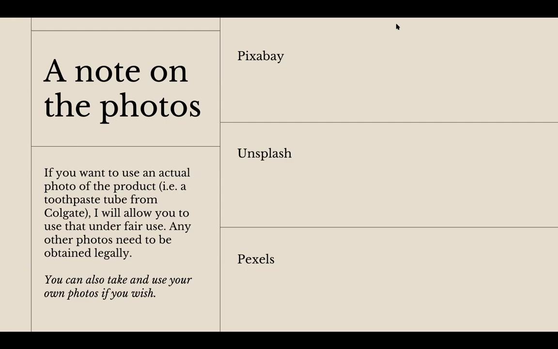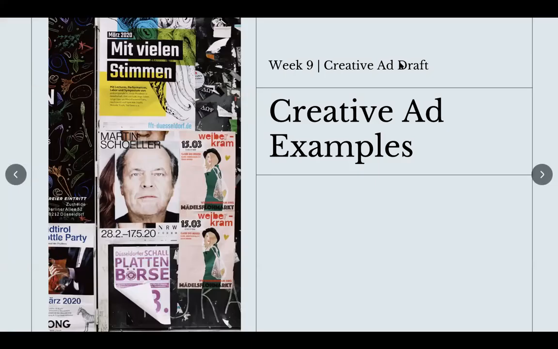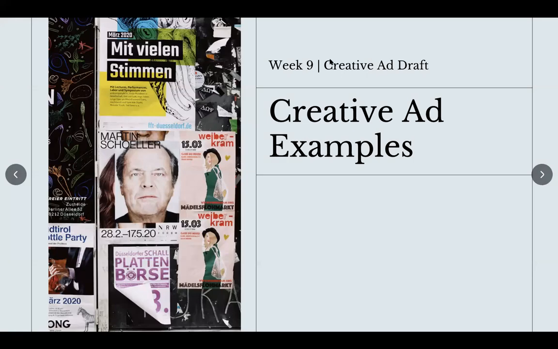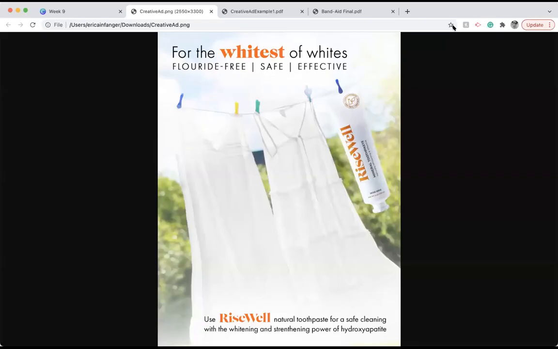All right. Next up, let's take a look at some examples of creative ads. First, I want to show you this example that I quickly created in Photoshop. So here is an ad that I created pretty quickly in Photoshop just to show you how you can blend images together.